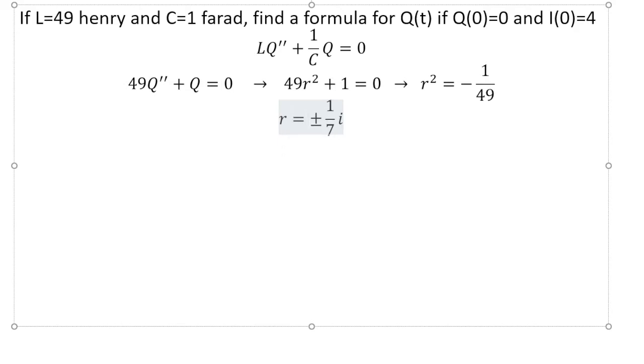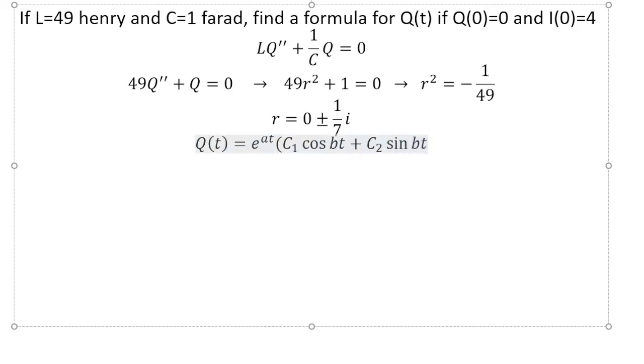And it's really like 0 plus minus 1 over 7i, because you can use the formula that the solution is e to the at times c1 cosine bt plus c2 sine bt, where a and b are the two values. The real part will be the a, and 1/7 will be the b.